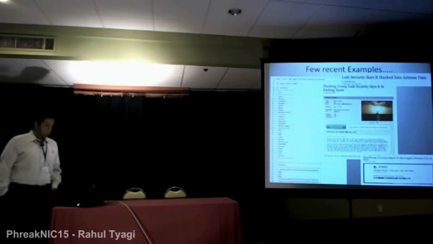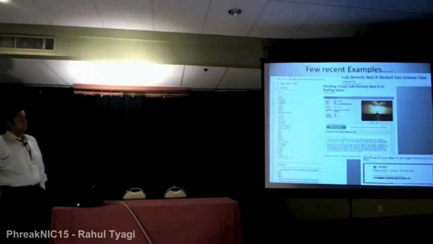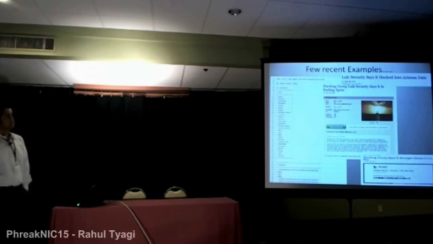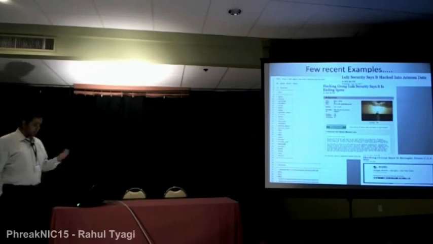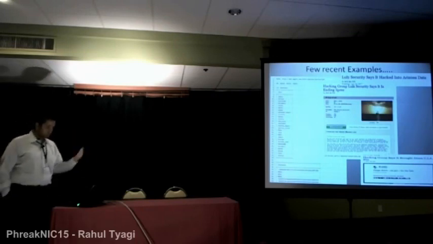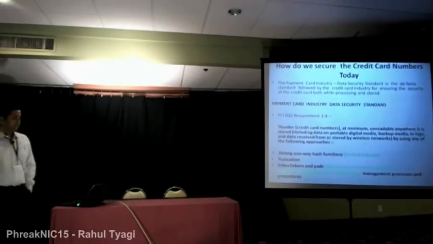So these are a few recent examples. The Apple website being hacked, and a few usernames and databases. Although it was a survey website of Apple, still this security group called Lud Security actually posted everything on a torrent website. So how do we secure credit card numbers today?